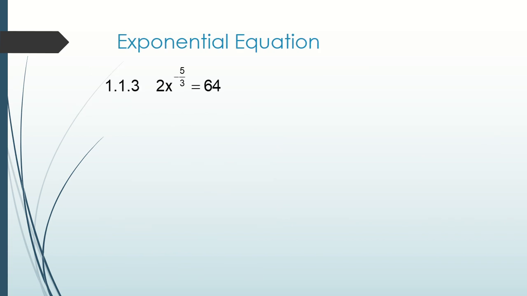Third question is an exponential equation. So what you want to do in these types of questions is that at the end you want to have x to power 1 because you are solving for x. So that is x to power 1.